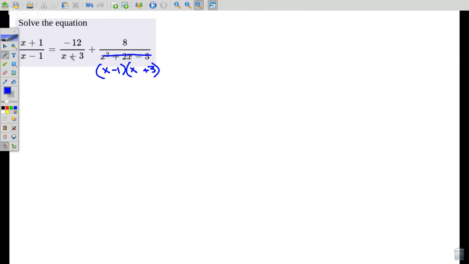Coincidentally, I have those same 2 factors over there. So that means the LCD is exactly that pair of factors, x minus 1 times x plus 3. So then we have to multiply that by each piece. So, lots of writing, x minus 1 times x plus 3.